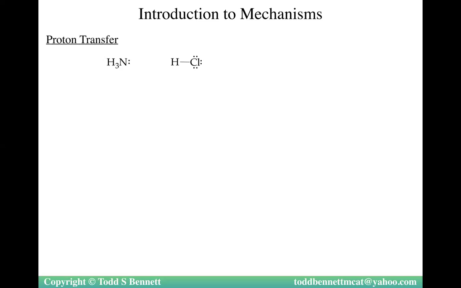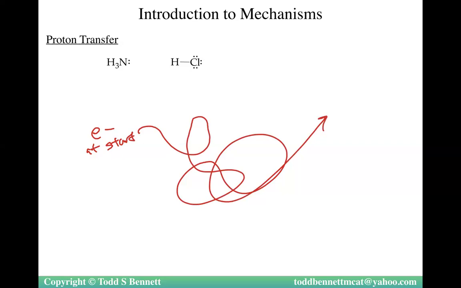We draw arrows from where they start to where they end. So whatever pathway they choose, we're going to get there by showing the flow of electrons.